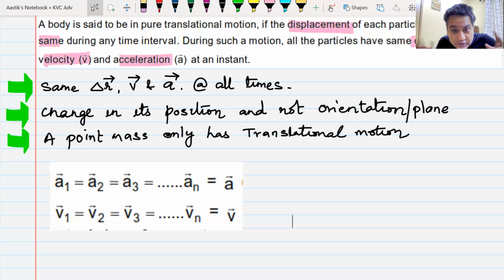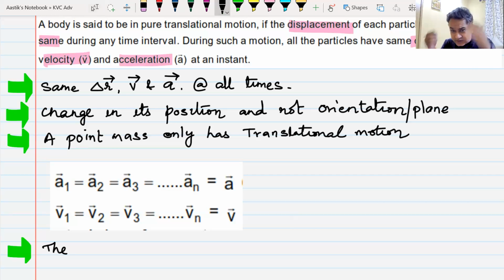So here comes a very important concept. The motion of the center of mass of the body describes which motion of the body? Translational motion of the body. Whenever you are studying the motion of the center of mass of the body, you are studying the translational motion of the body. Do we understand this? You can write this as the next point. The motion of COM tells us the translational motion of the body.